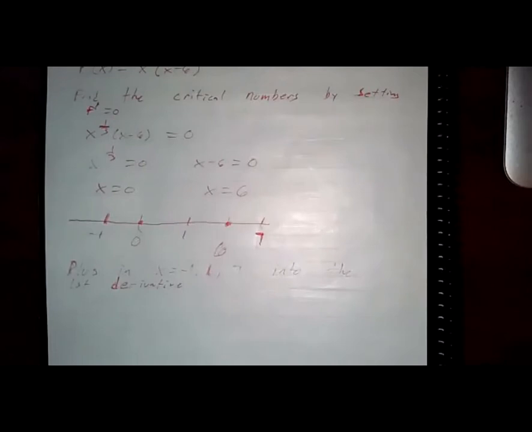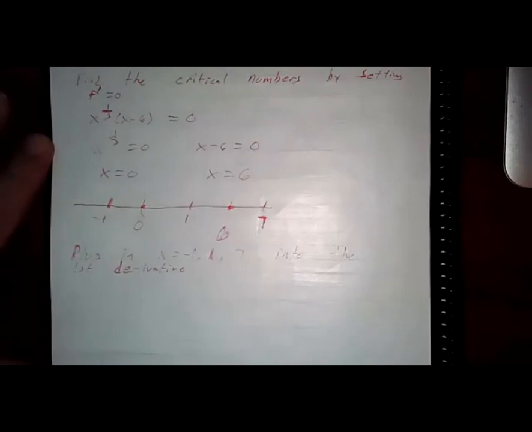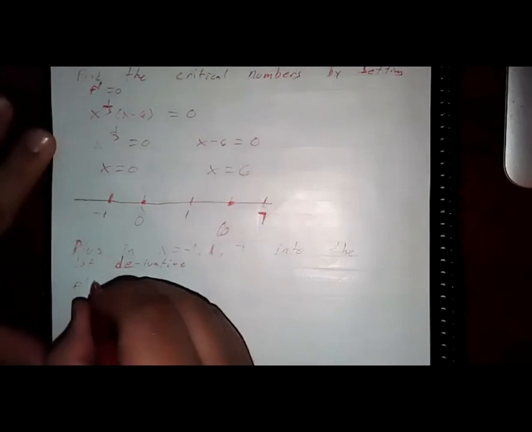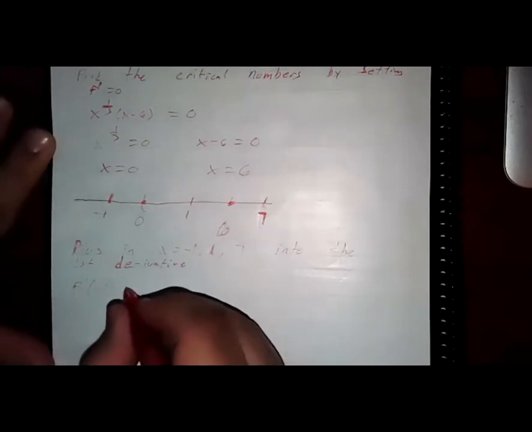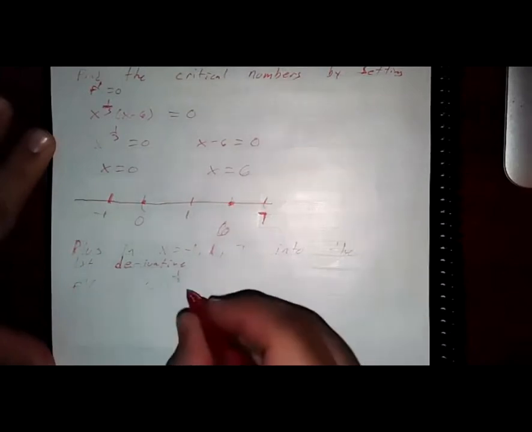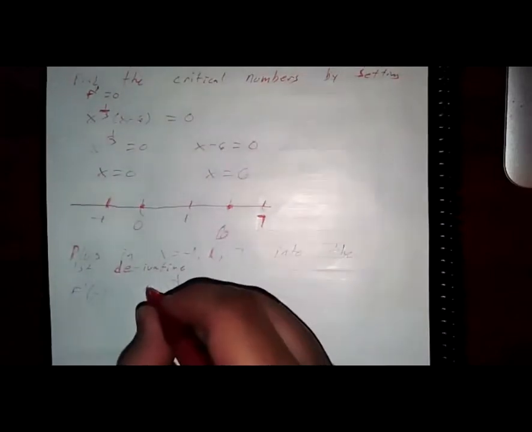All right. I have to start buying my own pens because the ones they give me are trash. f prime of -1 is equal to -1 to the 1/3 times -1 minus 6. I can't even see that. Can you guys see that?